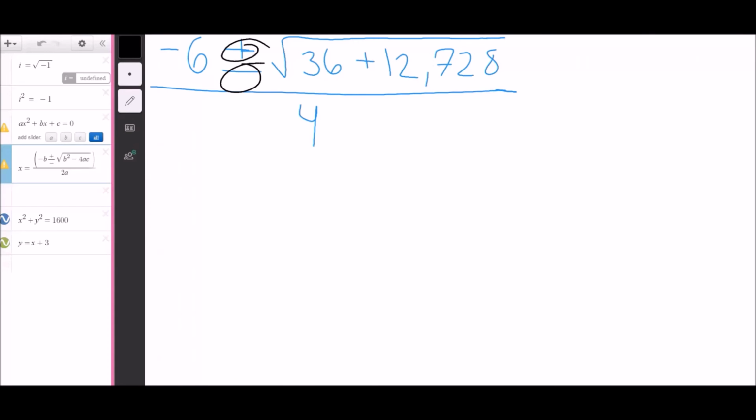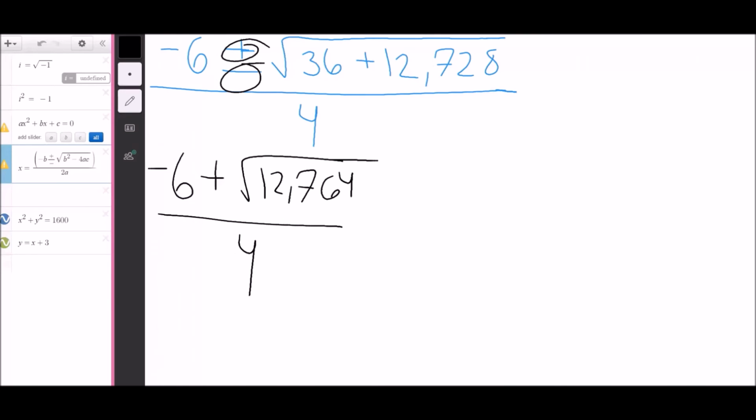So it's going to be negative 6 plus the square root of 12,764 over 4.